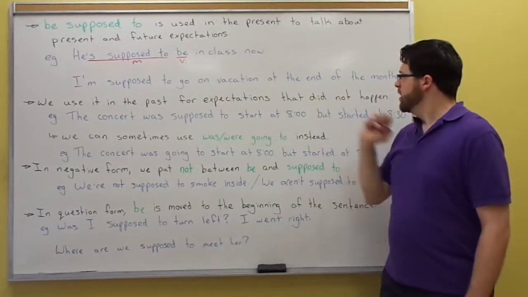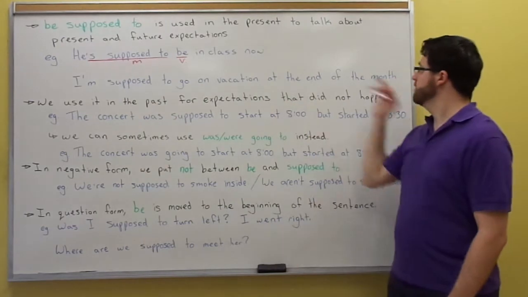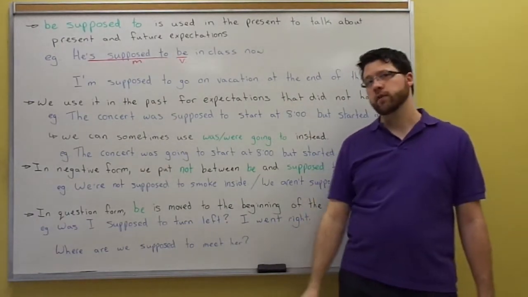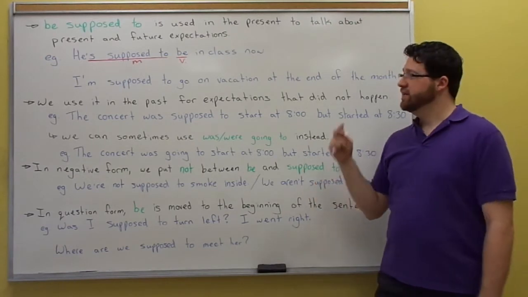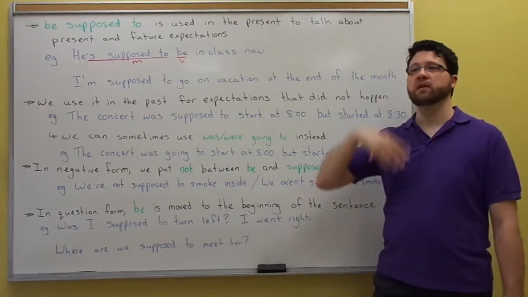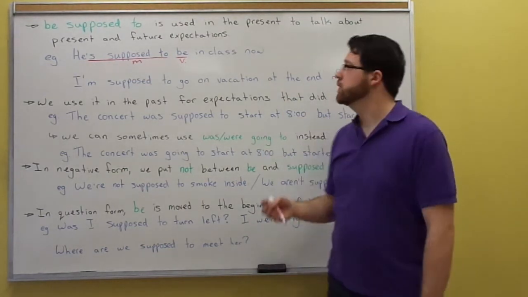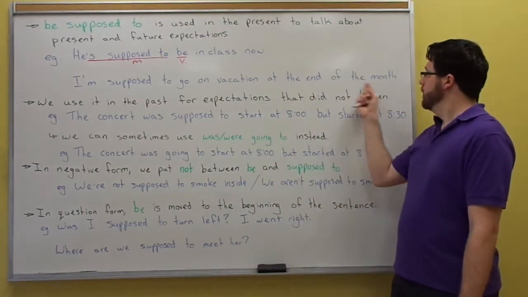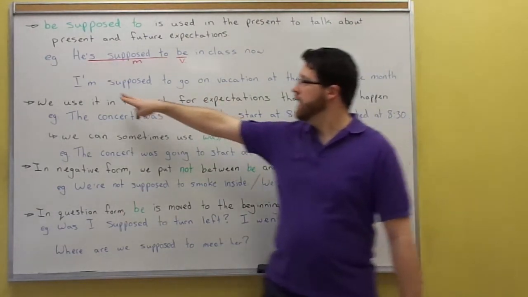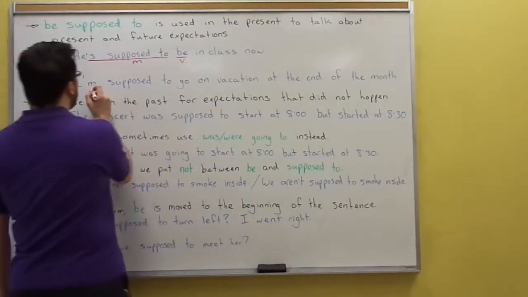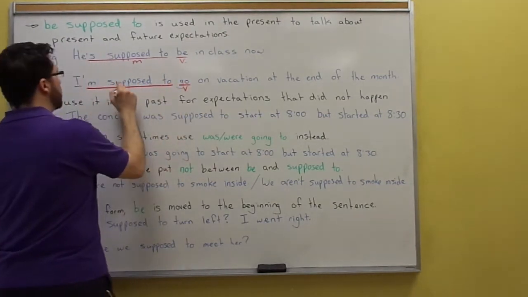Okay. Our second example. I'm supposed to go on vacation at the end of the month. The end of the month is not now. It's next week, 2 weeks, and 3 weeks. So it's a future time, but again, I'm supposed to and go.